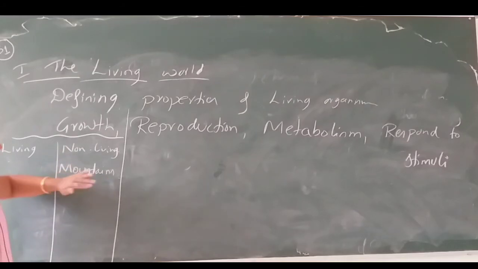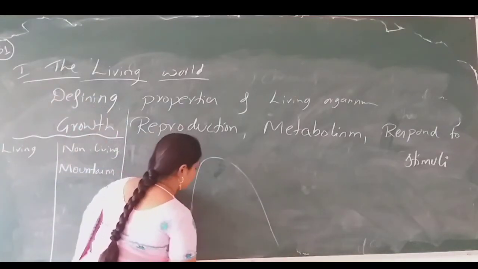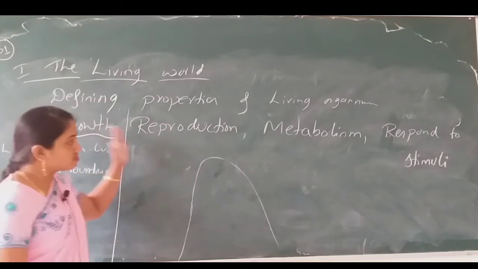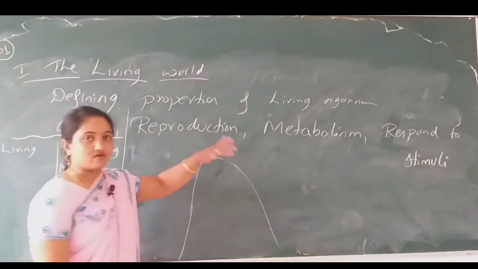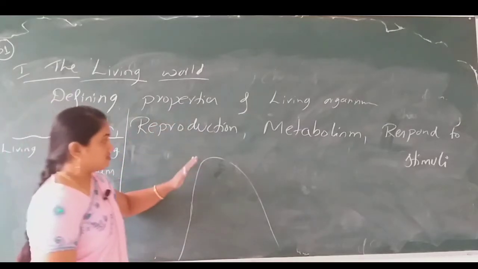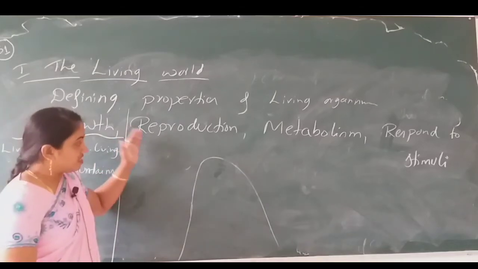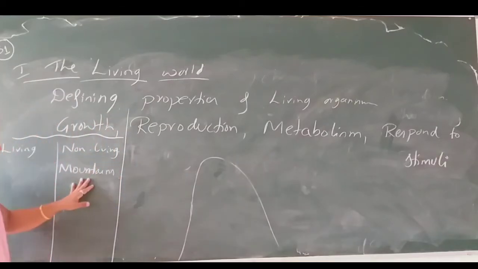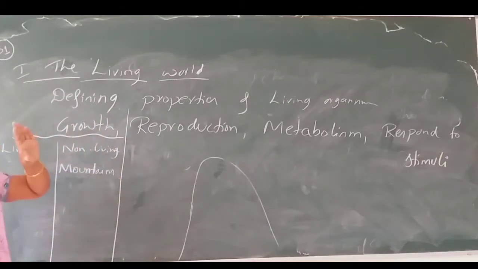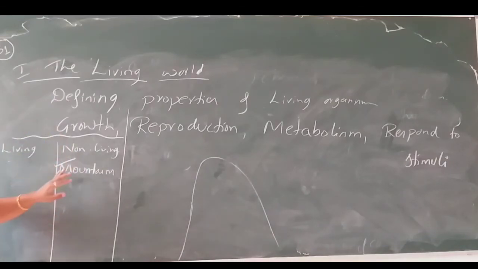The mountains grow not from the inside but from the outside. Consider a mountain: outside deposition of materials like rock, surface, or soil particles. By deposition of all those, the mountains, which come under non-living things, do grow.